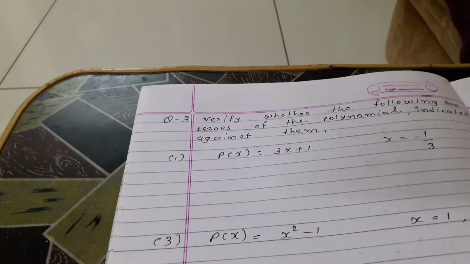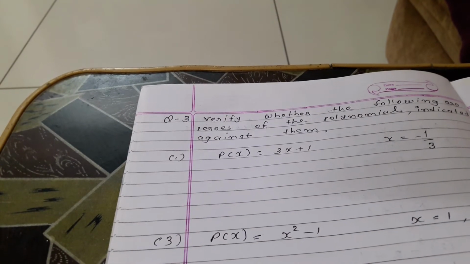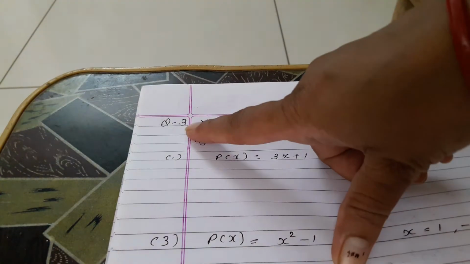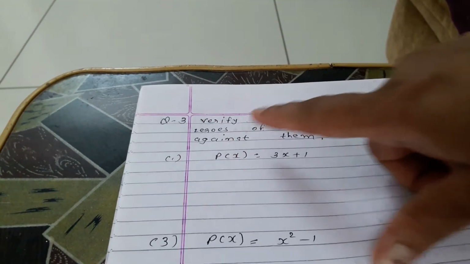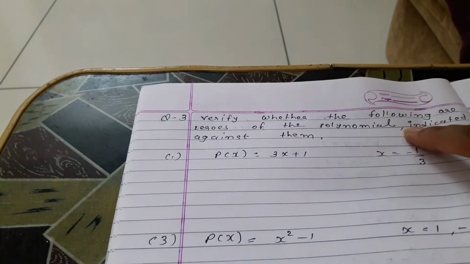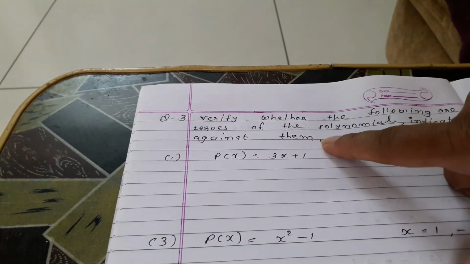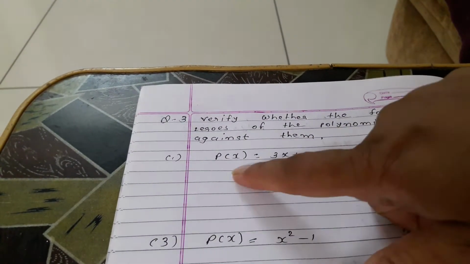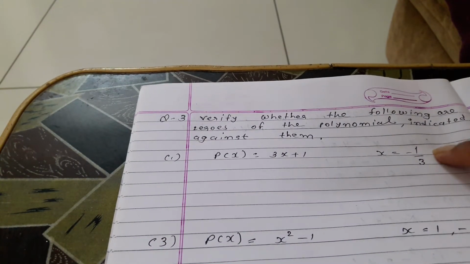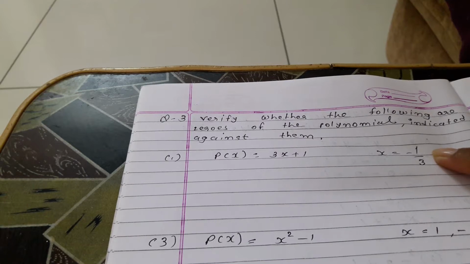Now in question number 2, third and fourth are homework. Now question number 3: verify whether the following are zeros of the polynomial indicated against them. We have been given the polynomial and the value of x. So what do we have to verify?